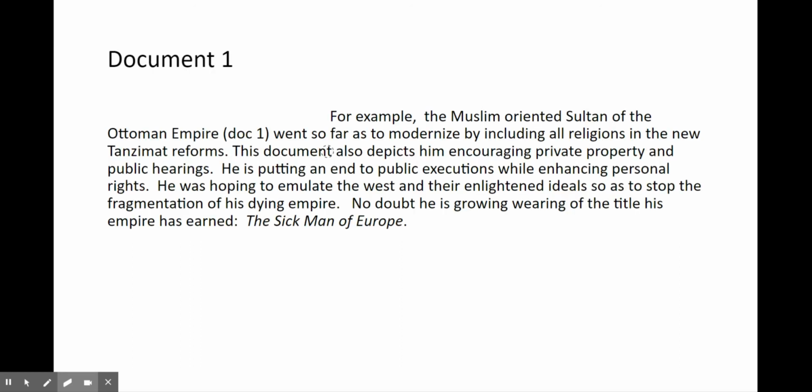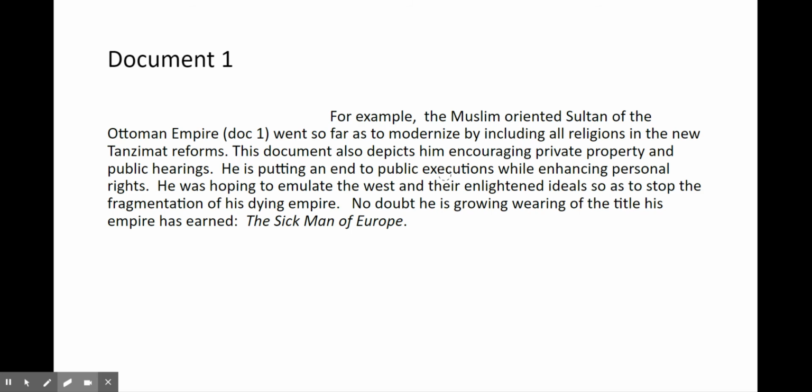So document 1, this is me citing the document. I'm in the same paragraph, and this is the next sentence after that opening sentence. For example, the Muslim-oriented Sultan of the Ottoman Empire, I put it in parentheses. The reason I do that is because I want my reader to know that I'm talking about document 1. I'm using it. And so here comes my supporting: modernizing by including all religions. In the Tanzimat reform, this document depicts, verb to live by, him encouraging private property. He is putting an end to public executions. That's probably a little bit of history because there's nothing in there talking about that.